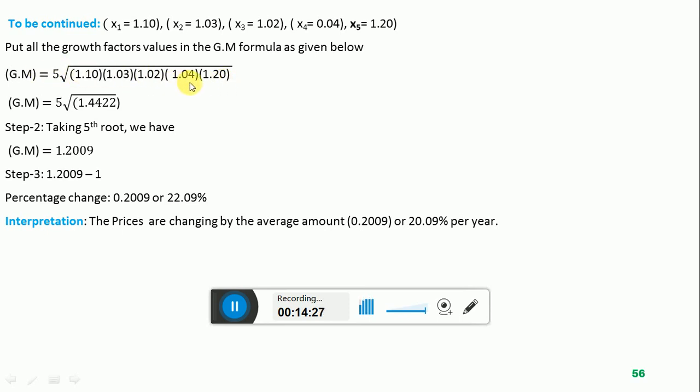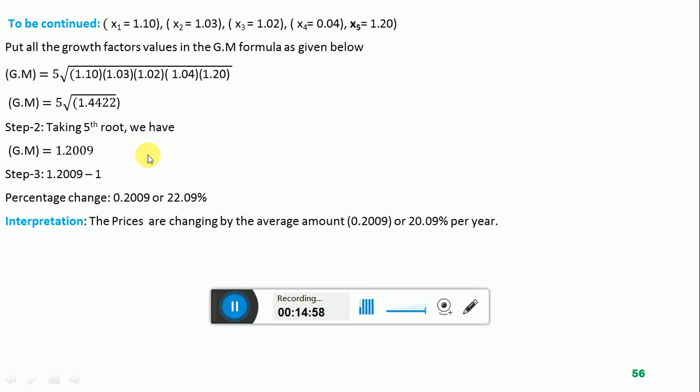When we multiply these 5 growth factors, we find the value 1.4422, and now in the second step we will compute the geometric mean value by taking its fifth root. So step 2, taking the fifth root of the 5 different growth factors, the geometric mean is 1.2009.